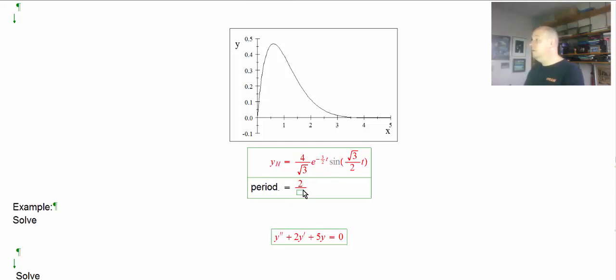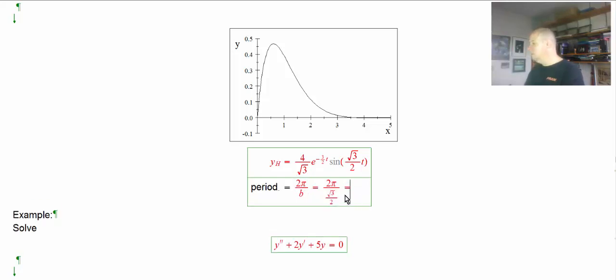The b is what's in front of the t. So in our case here, that's the period. So we can get the period of oscillation, the length from peak to peak. I can't really see because it gets too small here.